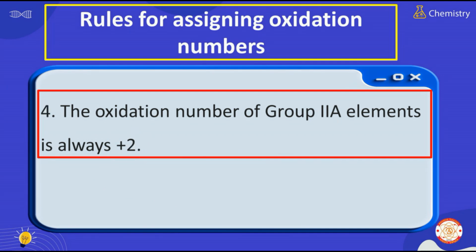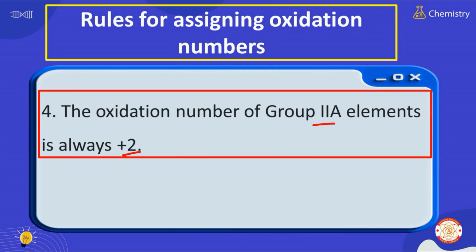The fourth rule says the oxidation number of group 2A elements is always +2. Group 2 elements such as beryllium, magnesium, calcium, barium, and so on.